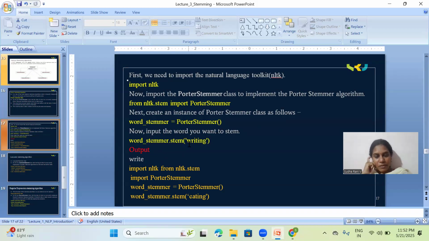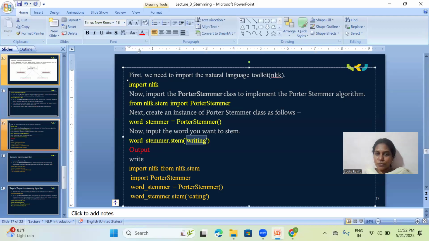So simple stemming in NLP, stemming by using the NLTK toolkit is very simple. Simply we have to import the NLTK toolkit, and we are creating one instance for the PorterStemmer. For this instance we are using the word whatever you want to generate the root word for, that stem word we have to use here. Writing. In the same way, if you use word_stemmer.stem talking, the output is generated as talk.